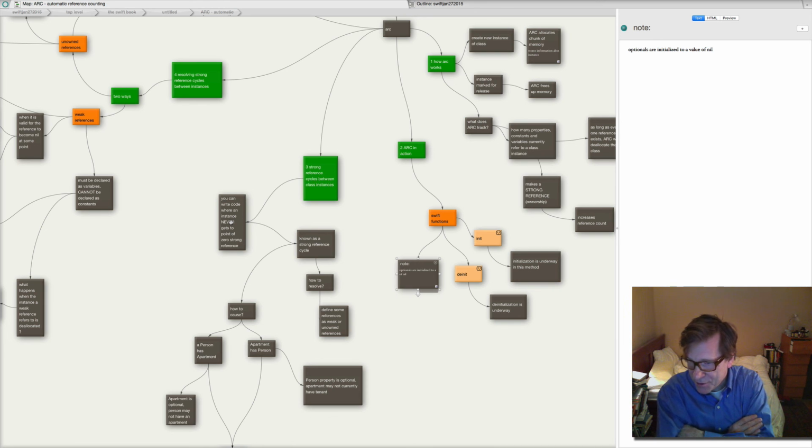And John hasn't gone away because apartment still contains a reference to it. So both instances have survived because they contain references to each other, even though they are no longer accessible at the local variable level. And that means that you have a memory leak, and there's no way to get rid of these instances anymore, even though they're kept alive by strong references to each other.